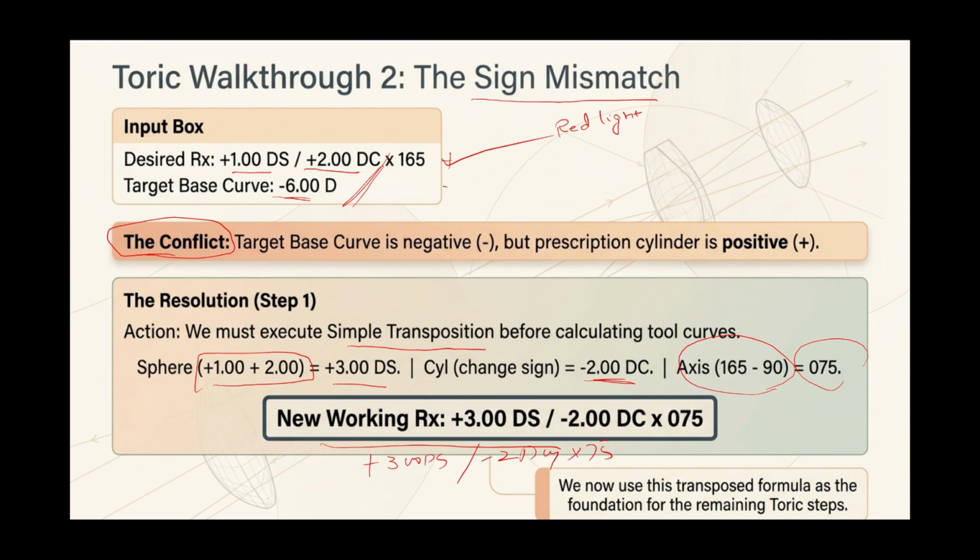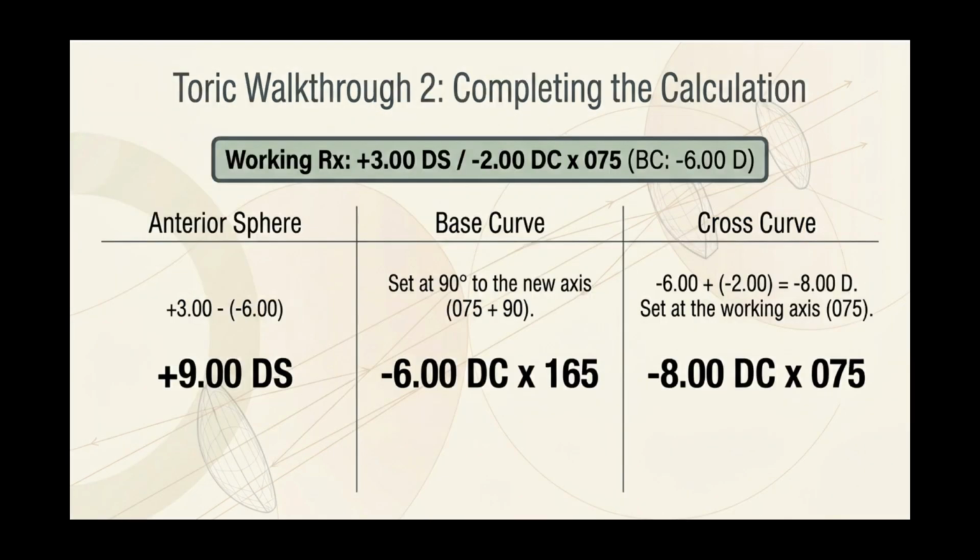Okay, so now since we have resolved the sign mismatch, let's go to our step 2. So what is the step 2? Step 2 is calculating the anterior surface power. Okay, so this is our working power that we have to achieve. So anterior surface power is nothing but sum of the total sphere minus the base curve.